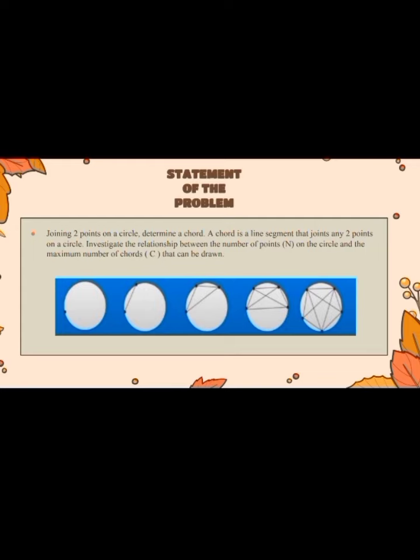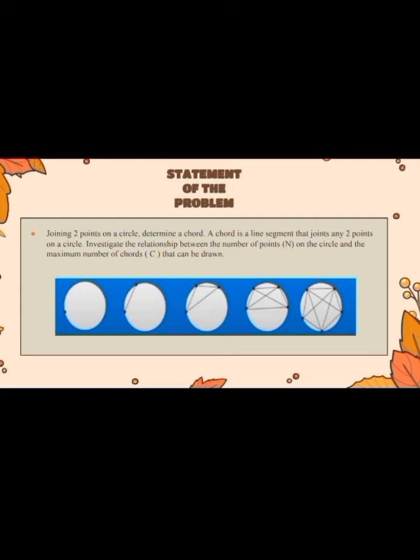As you can see in the illustration, in the first circle, there's only 1 point. As I've said earlier, if it's only 1 point, it can't connect, it can't form a chord. In the second circle, there are 2 points with 1 chord.